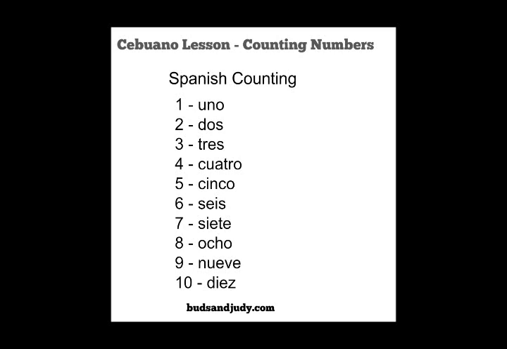So for 1, we say uno, 2, dos, 3, tres, 4, cuatro, 5, cinco, 6, sais, 7, siete, 8, ocho, 9, nueve, 10, gis. And then we proceed to 11, 12, 13, and so on and so forth.